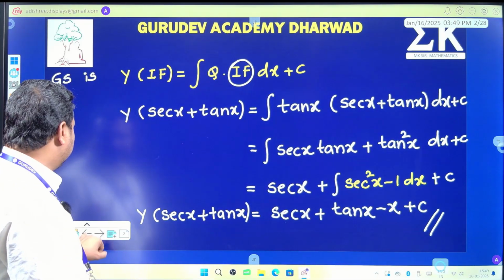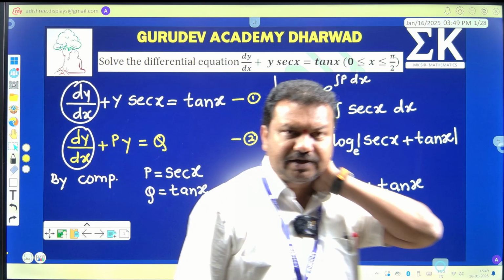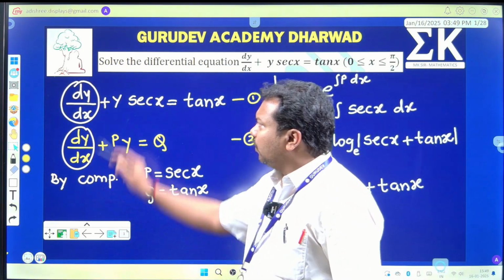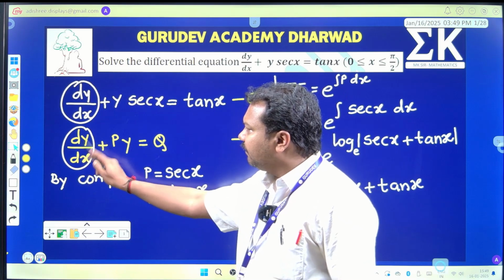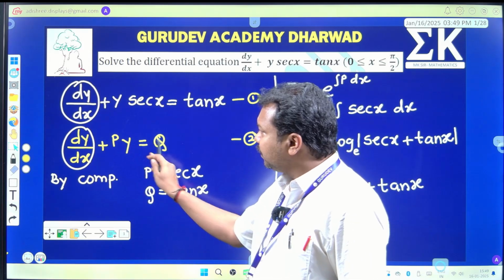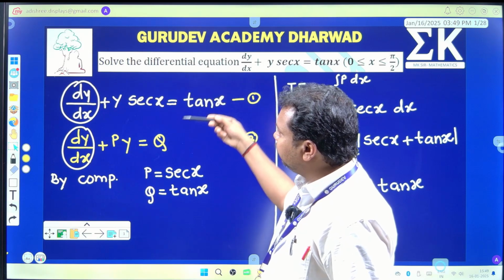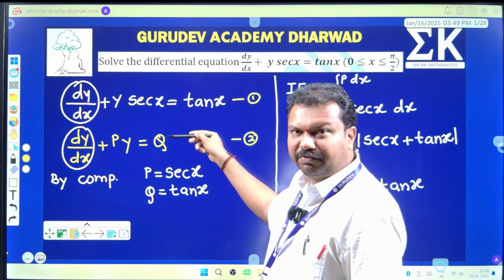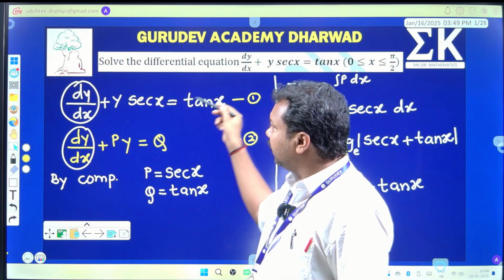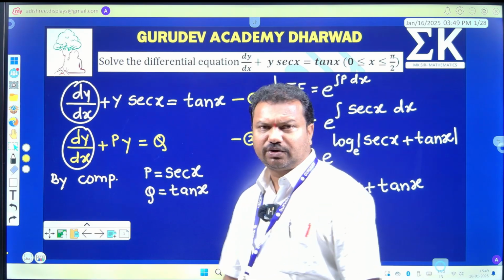Let us look at the solution once again. I repeat, the given differential equation is a linear differential equation, which follows the standard form dy by dx plus P into y is equal to Q, where P and Q are functions of x. Therefore, I compare the given problem with the standard form and understand the value of P and the value of Q. Therefore, P is equal to secant x, Q is equal to tan x.